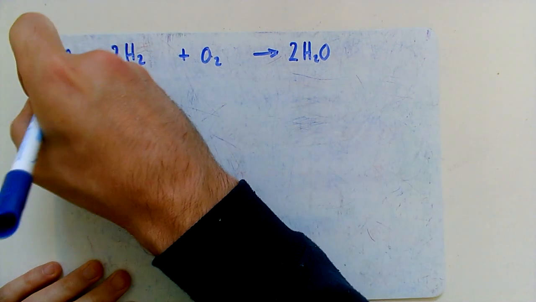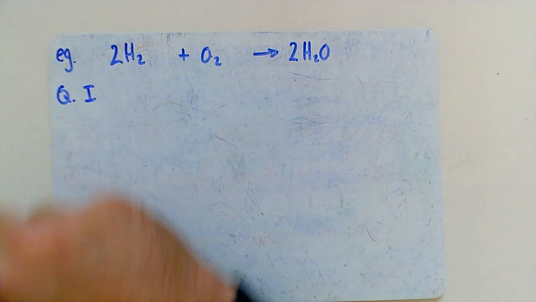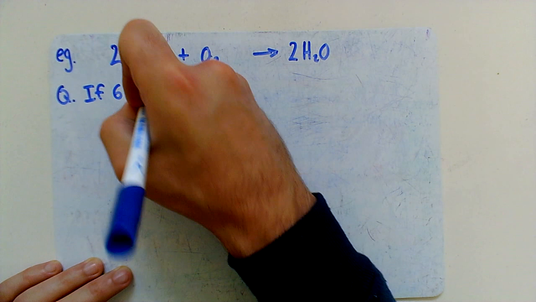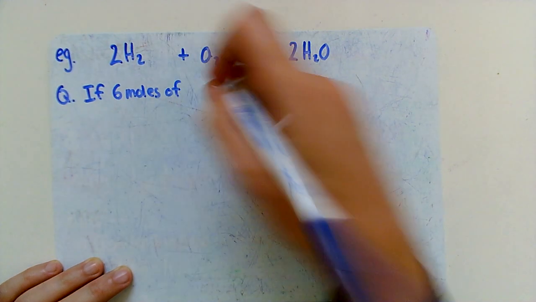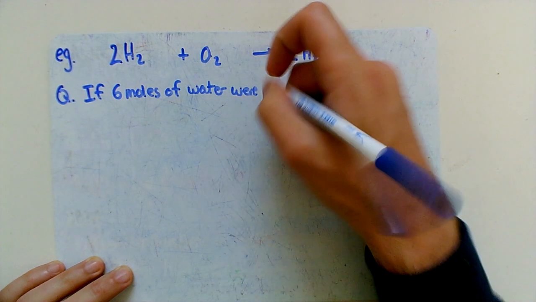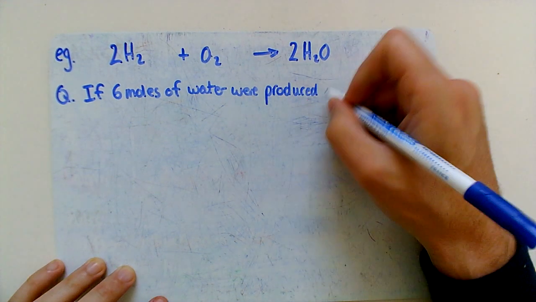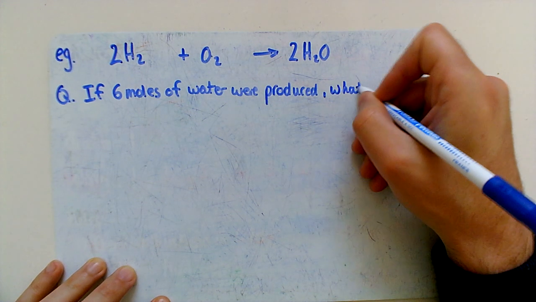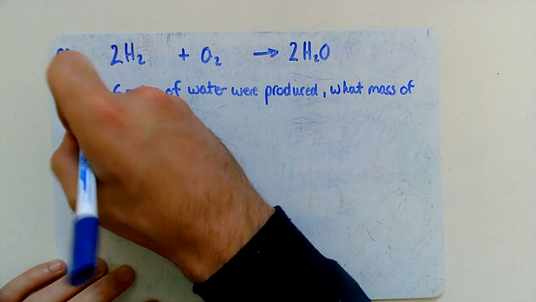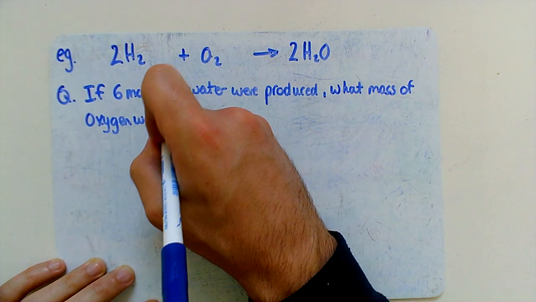So in this case, the question might be, if 6 moles of water were produced, what mass of oxygen was needed?